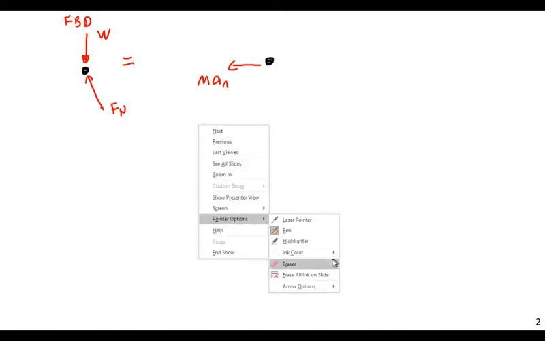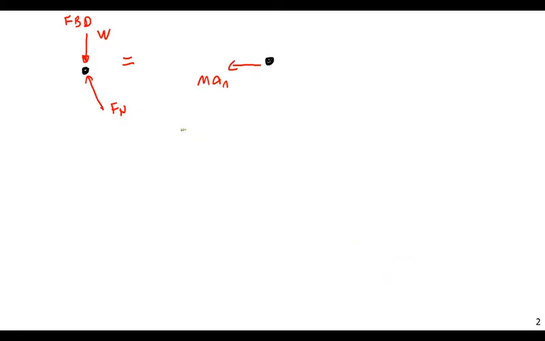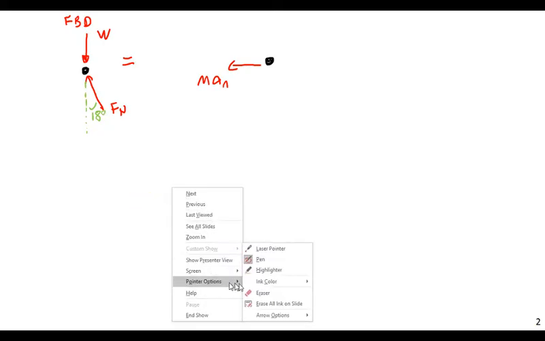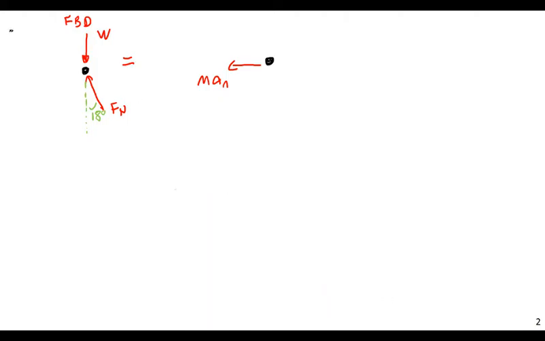And then if I label the vertical, label some angles, this is going to be this angle. If you work through the trig, you will find that this is at an angle of 18 degrees. So I have my free body diagrams and my inertial diagrams. That's step one.